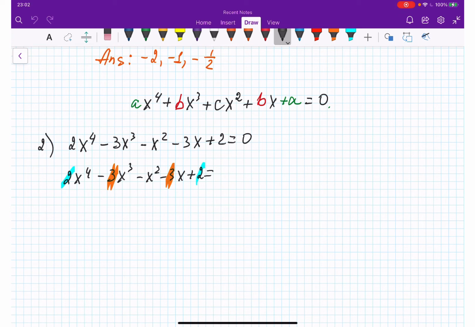So if we divide by x squared, from 2x to the 4 will be left 2x squared. Here will be minus 3x because we divided by x squared. Here is going to be completely 1 left, and then minus, we will get 3 over x and plus 2 over x squared.